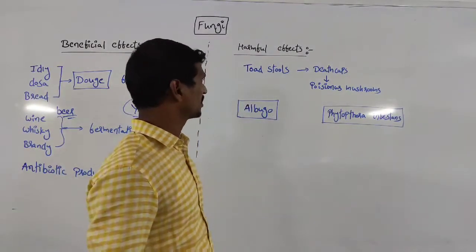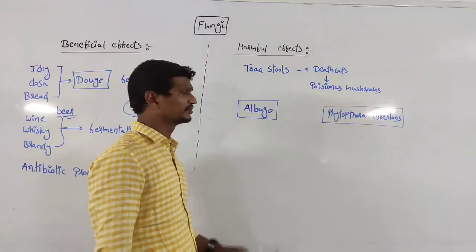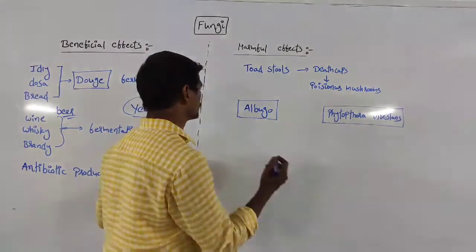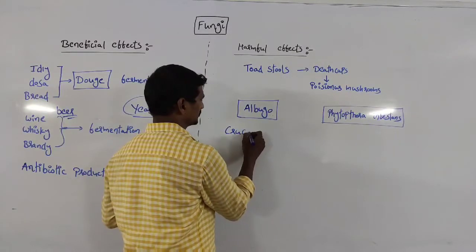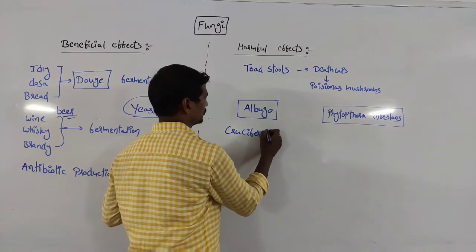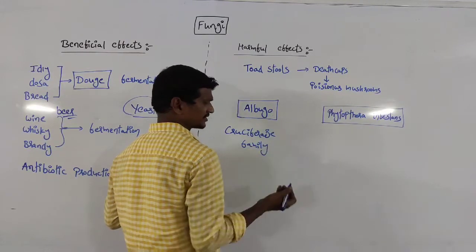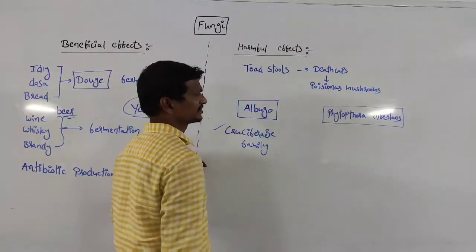And Albugo, we already discussed, which causes white rust disease in the Cruciferae family, and in certain cases weed plants also, but majorly the Cruciferae family.